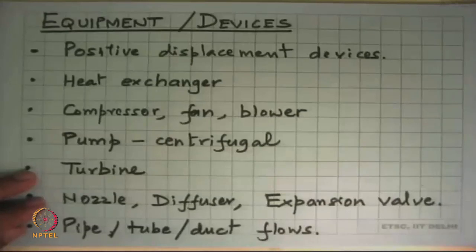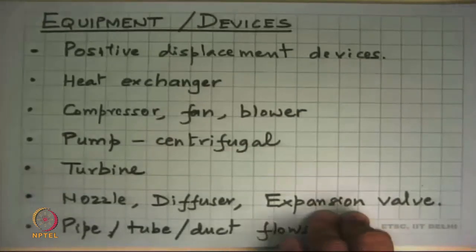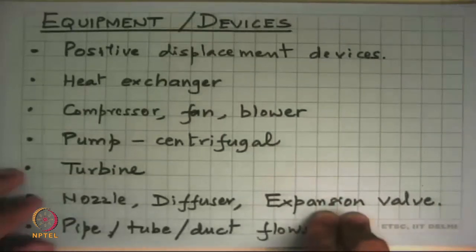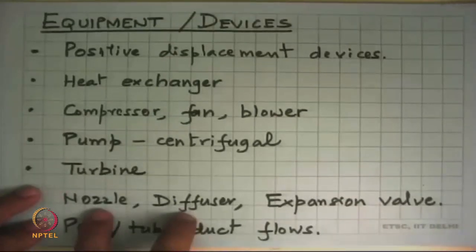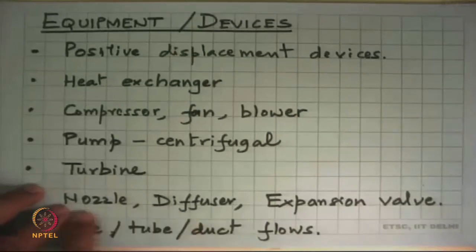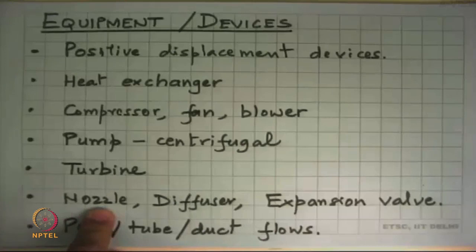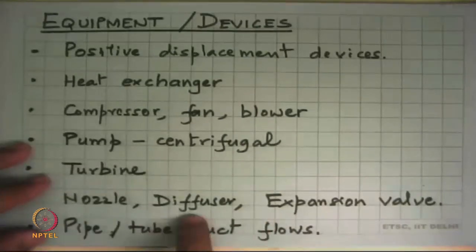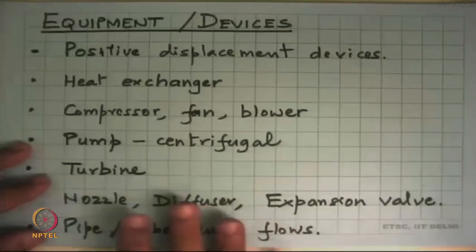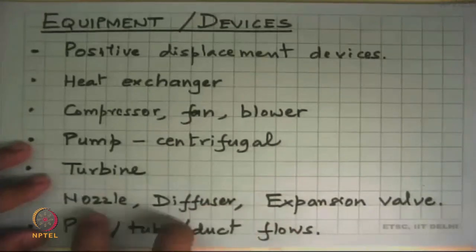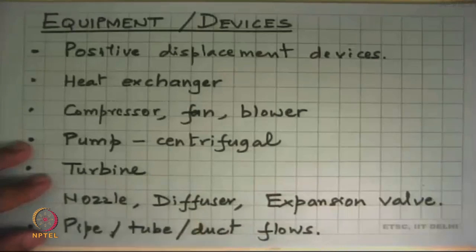This is what actually happens when in a pipe you put a restriction, it dissipates energy, there's a pressure drop, but the velocity doesn't increase too much. Nozzles and diffusers are devices that have a specific purpose: in the case of a nozzle, we want to accelerate the fluid to achieve a particular purpose, whatever that is. And the diffuser, we want to decelerate the fluid. So we'll see where these two get used.